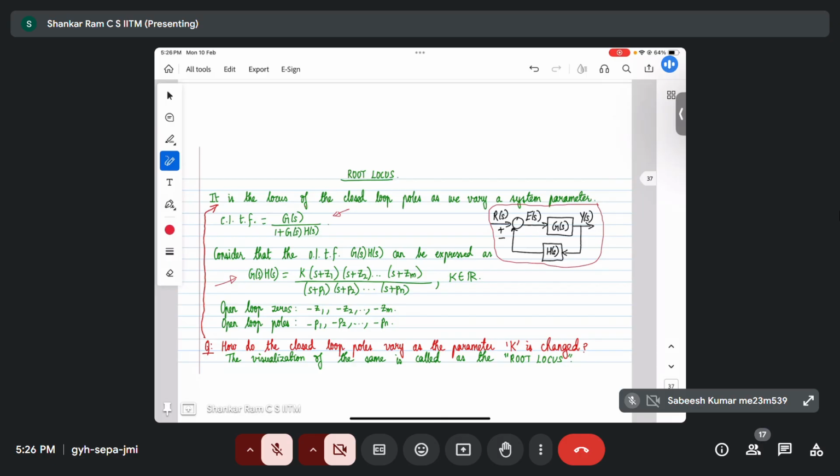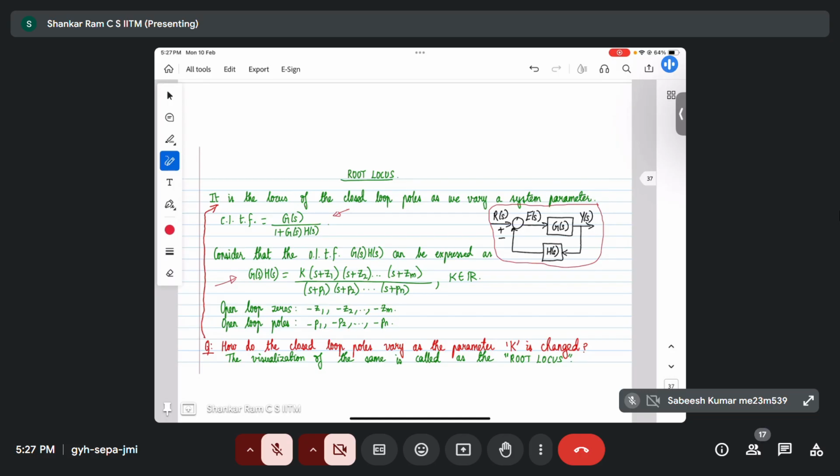Now it is no longer so. We have factorized them into the open loop poles and open loop zeros. That is the important difference here. So capital K is no longer the open loop gain. We consider that we are able to write the open loop transfer function in this form, which we typically can do.